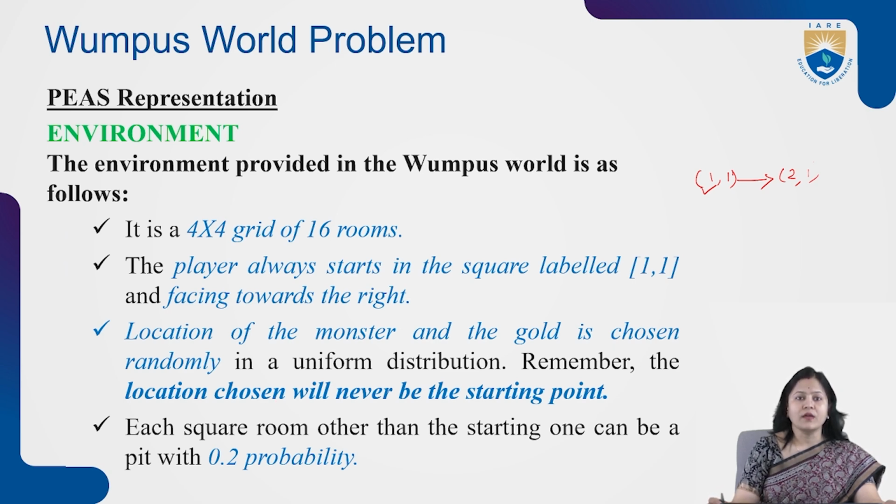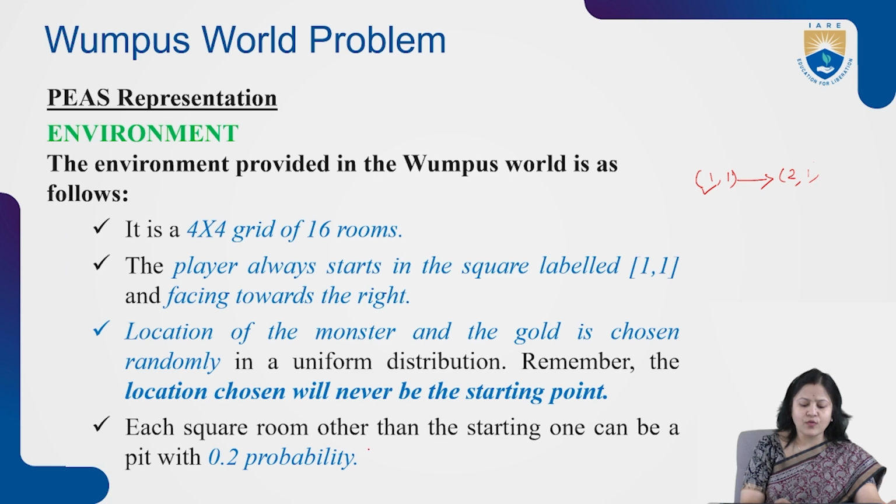The important thing to remember is that the location chosen will never be the starting point. The location of the monster and the gold should not be the first location where the agent is present. Otherwise the problem cannot start.